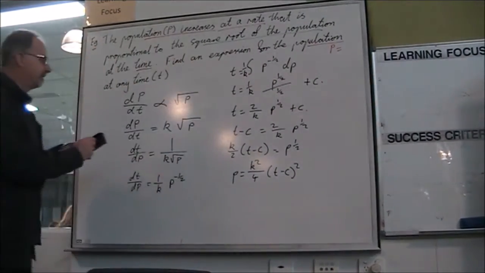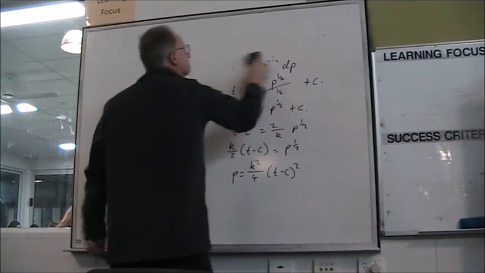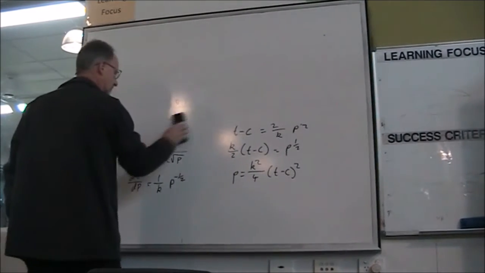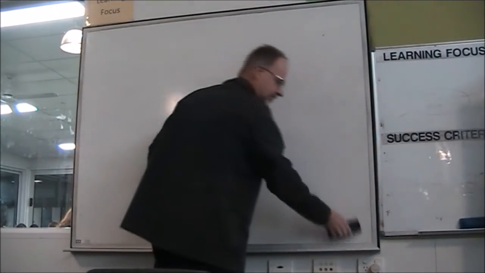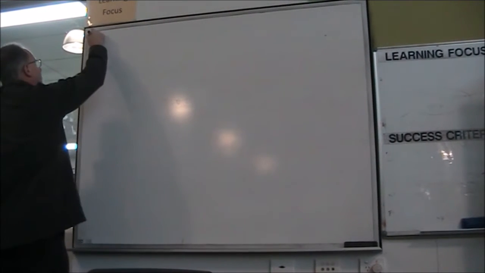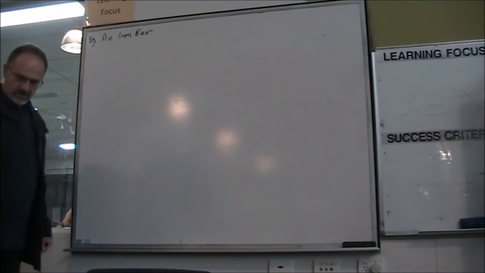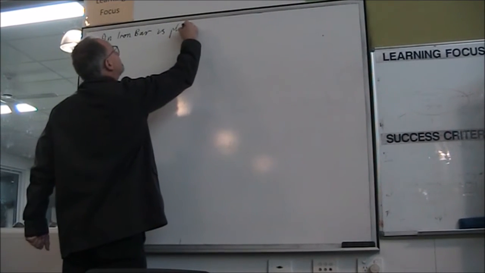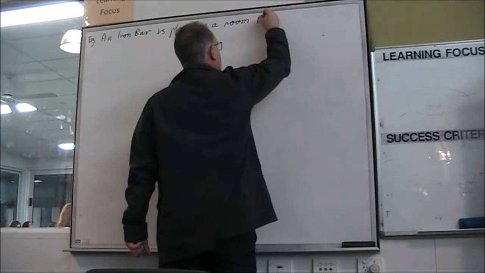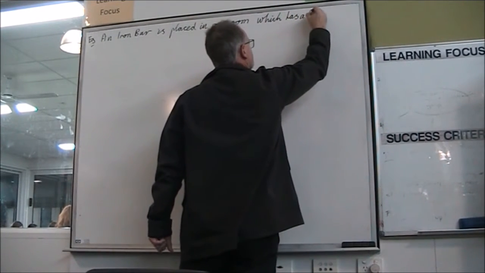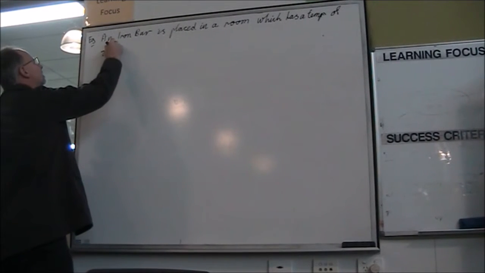All right, this next one we're using Newton's law of cooling. An iron bar placed in a room which has a temperature of 20 degrees Celsius.